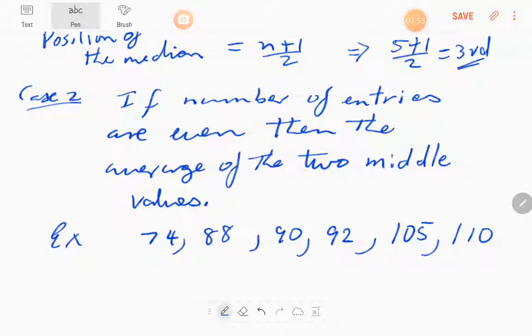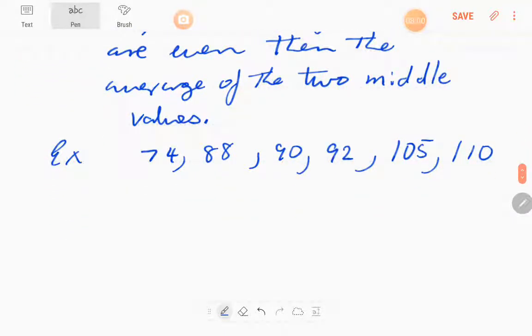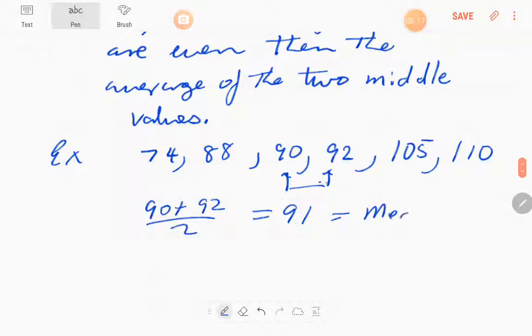So here we have an even number of entries, right? We have 6 entries. So the median would be the average of these two middle values. So we just do 90 plus 92 divided by 2. So the median is 91.